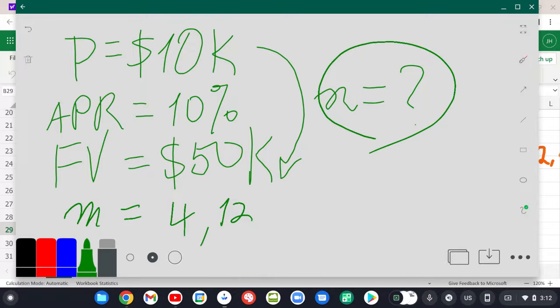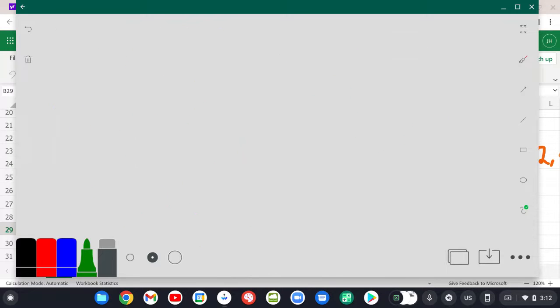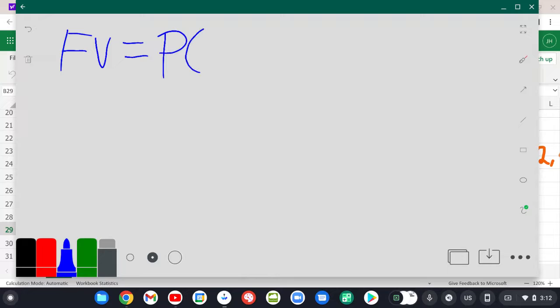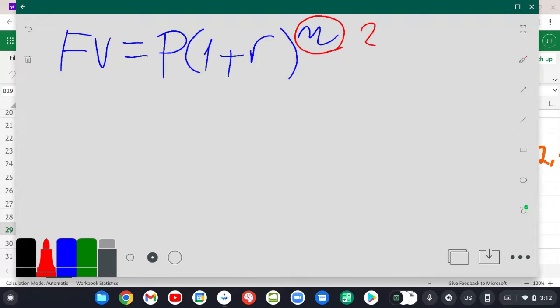So let's think about how we can solve for that. It is pretty much the same thing. Starting from the base formula, now everything else is known, but the only thing, n, is the unknown. So how do we isolate n?